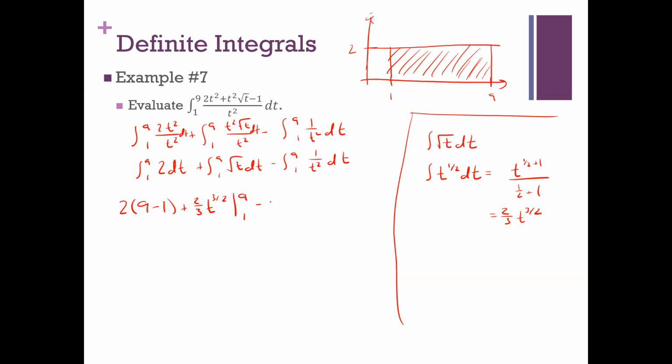And the last one, what's the integral of that last term? -1 over t. Again, let's look at power rule with a rewrite. It'll be t to the -1 over -1, which cancels out the negative sign on the outside, and I get plus 1 over t, evaluated from 1 to 9. We okay with this?